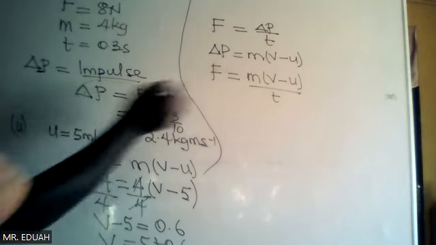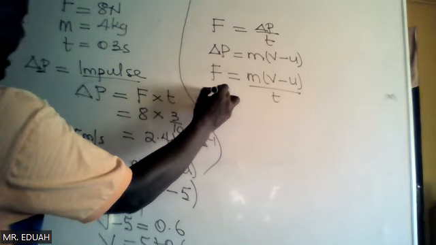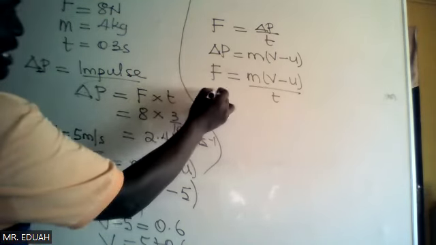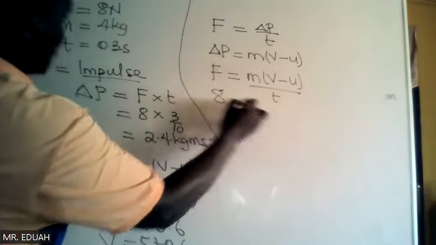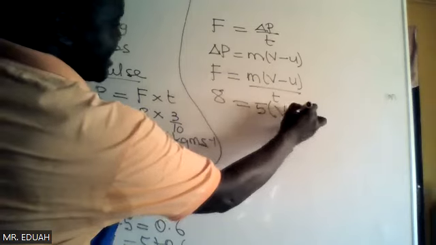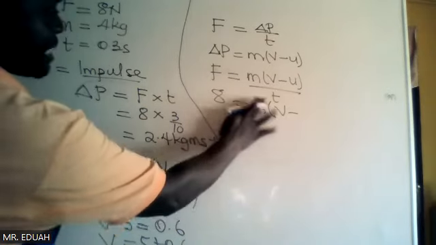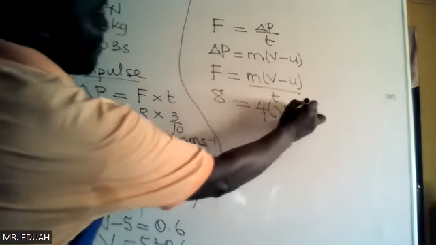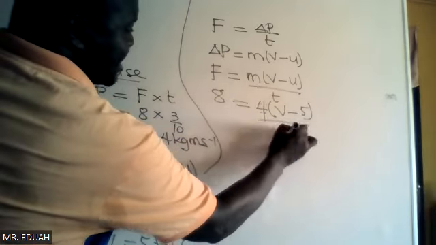So when you put 5 here, the force is 8. Okay, 8 is equal to the mass, which is 4, times v minus 5, over 0.3.